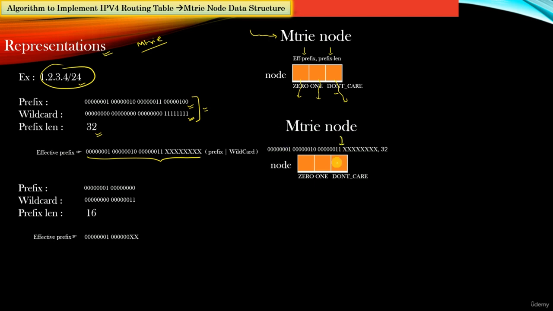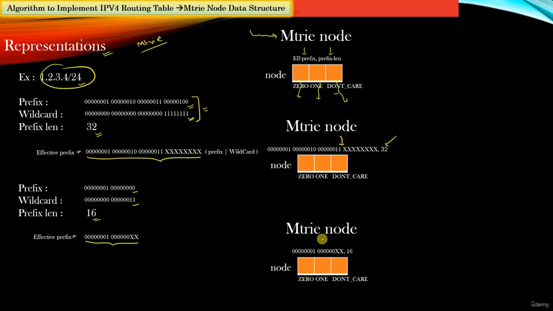This is the effective prefix. This is the prefix len. Similarly, if I have a 16-bit prefix and a 16-bit wildcard, then the effective prefix would be this one. The mtry node that stores this information would have a 16-bit effective prefix, and this is the prefix len.